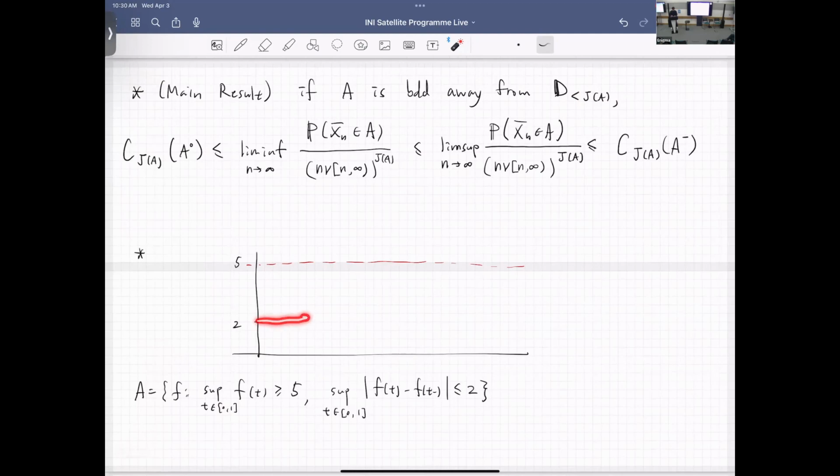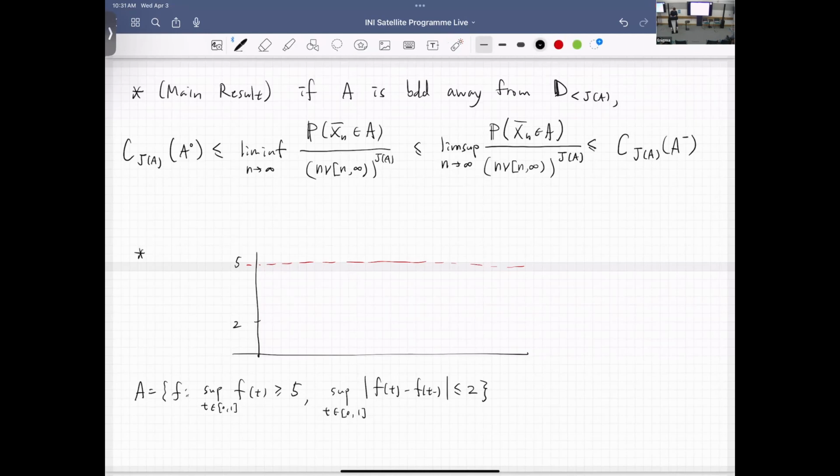One jump, two jumps, not enough, but three jumps, enough. But how are you going to prove that A is bounded away from this set? It's doable. It's not that difficult in this particular case, but you can make it a little bit easier.